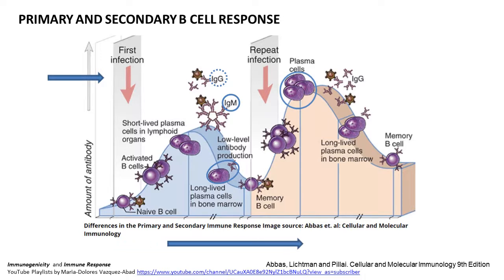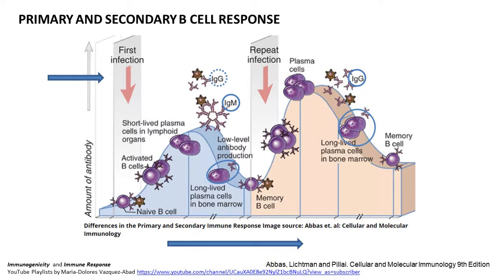The other thing is that it takes a shorter time to get this peak response, and that's by design. We have mounted an adaptive B cell response to deal with a potential danger, so we actually have a higher amount faster. And the other thing that's important is that this is IgG. You will not have IgM antibodies because they were mature cells.